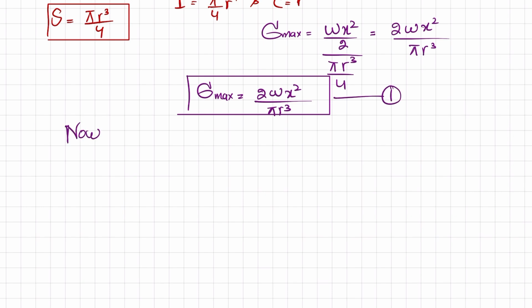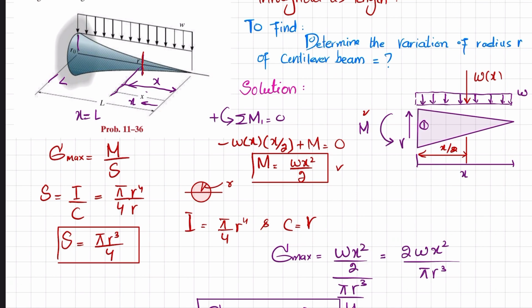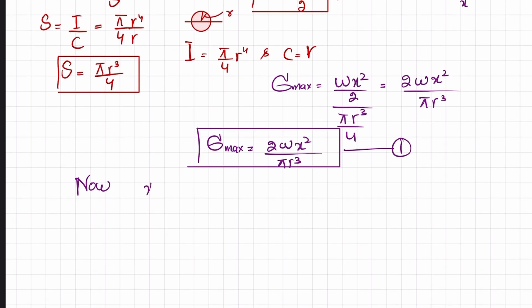Now if you are interested in finding the stress at x equal to L, clear, because x varies from here till L. If you replace x with L, then definitely at x equal to L we have the radius C equal to R naught, and C is equal to R as well.